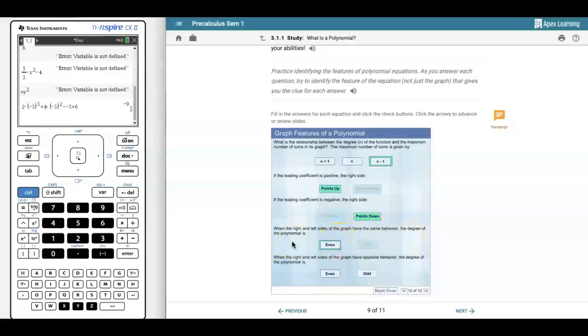So if it was even, the right side went up, so did the left side, right? So x to the 4th. Right side went up, so did the left side, which means that if they had opposite behaviors, they were odd numbers, right? So 1, 3, 5, 7, they had odd behavior because one side went up and one side went down.